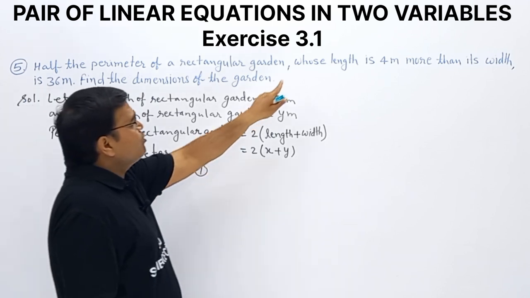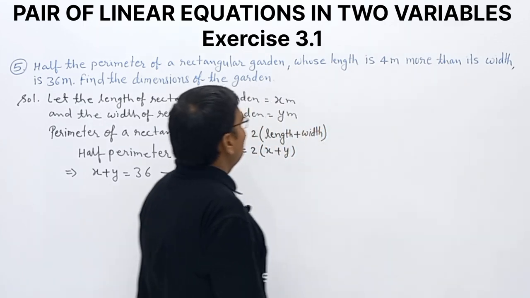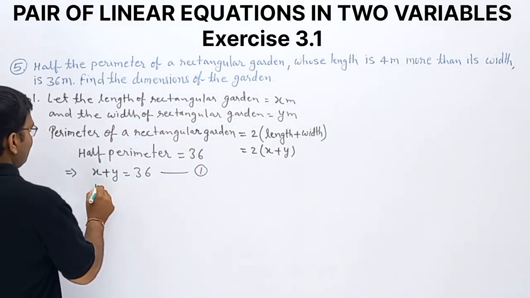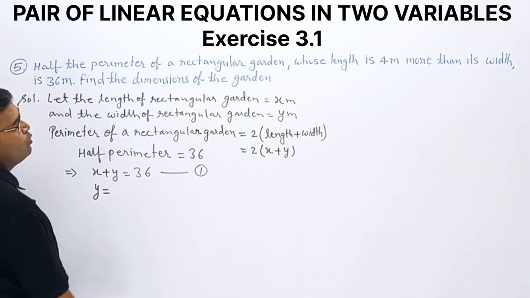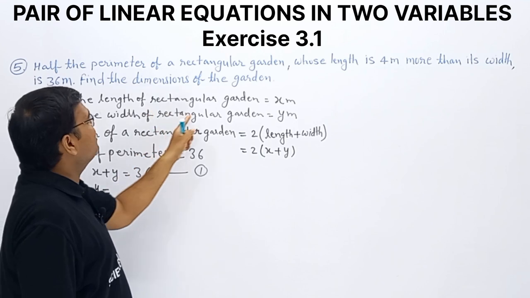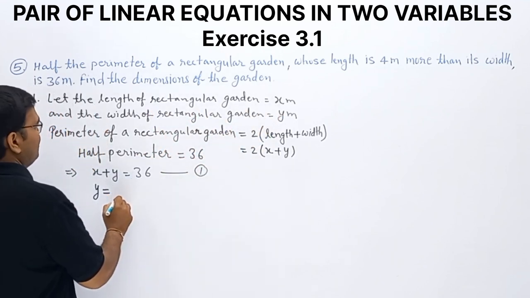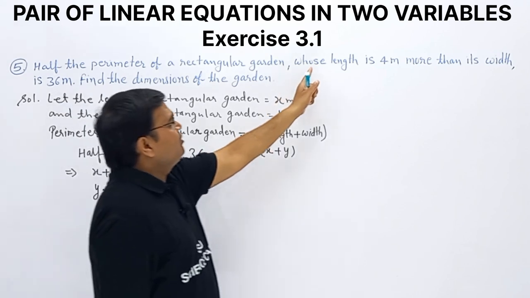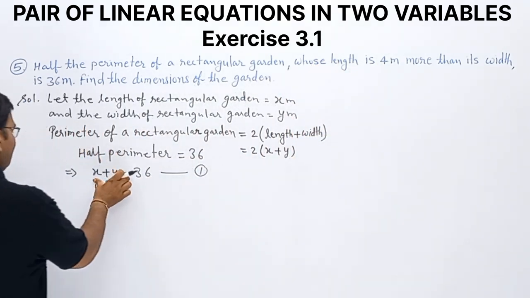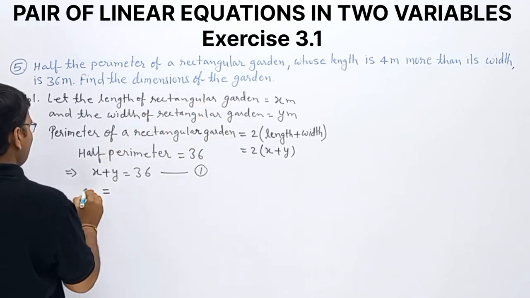Now one condition is also there: the length is 4 meters more than its width. We assumed width equal to Y and length equal to X meter.